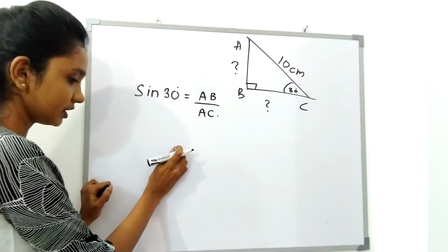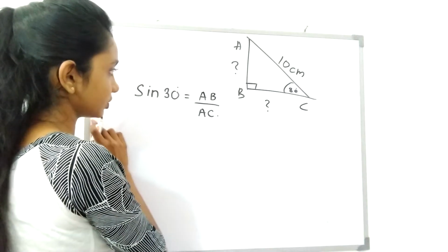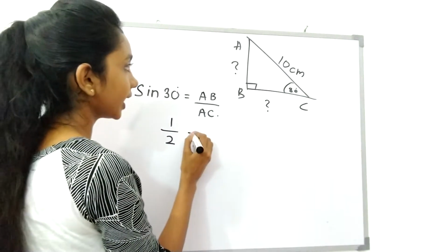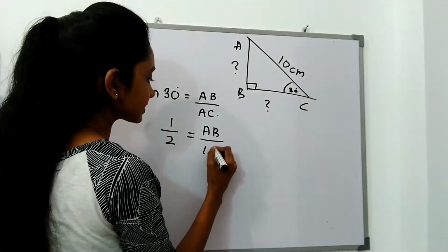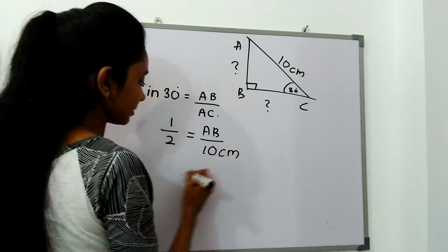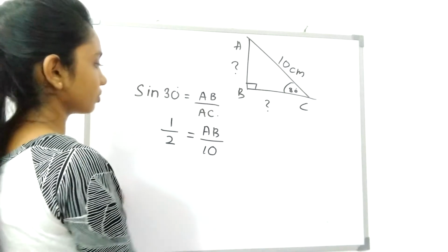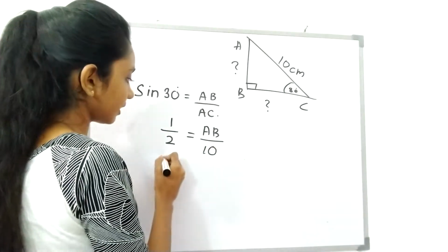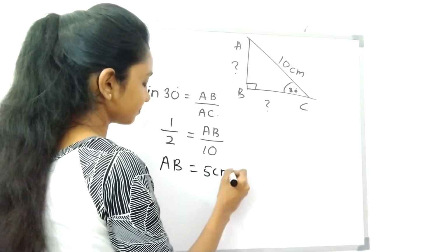According to the table I told you earlier, sine 30 is equal to half. AB we don't know; AC is given as 10 centimeters, so let's substitute 10. Now you do the cross multiplication, then you can find AB. So AB is equal to 5 centimeters.